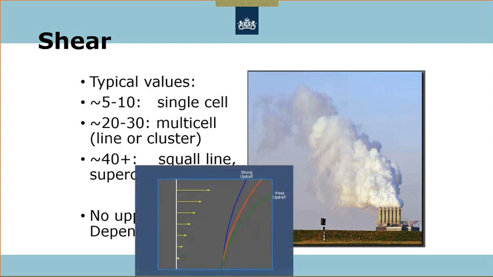And you can see that in nature, you expect that there must be some kind of upper limit. Most of the time you end up with some certain particular strength of the developing updraft. That can be a weak one, that can be a very strong one for some time.